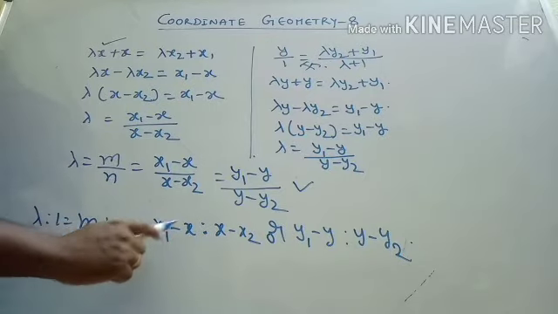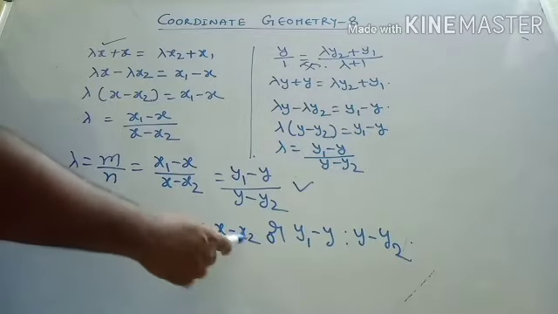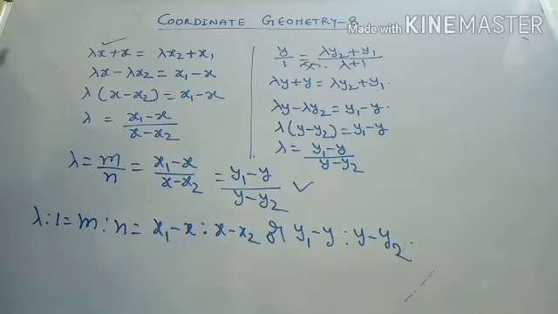That means x1 minus x is to x minus x2. They will give x1, y1, x2, y2 and P(x, y) also, and you need to find the ratio: x1 minus x is to x minus x2 or y1 minus y is to y minus y2. You can use either of them to get the ratio when the points are given.